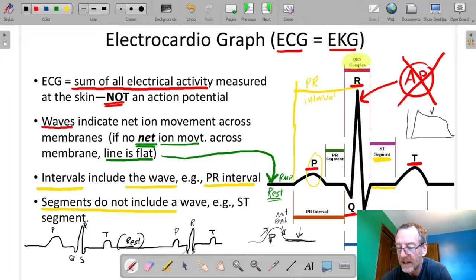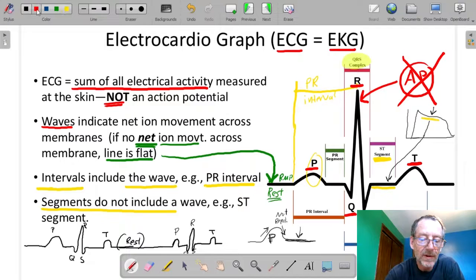During that plateau phase, the sodium has entered, and then it stopped. Calcium has entered, and there's not a lot of net movement. And at that point, the line is going to be flat. Don't worry about all this coming together at you in a giant hurry right now. We're going to go through it. But during this plateau phase, there is very little net additional ion movement, and we get a flat line.